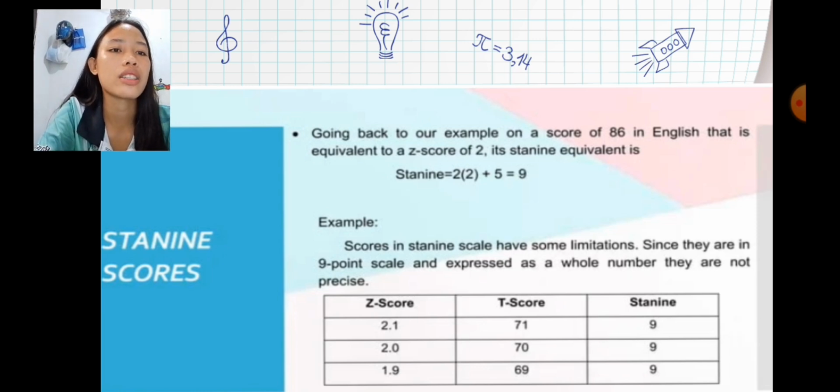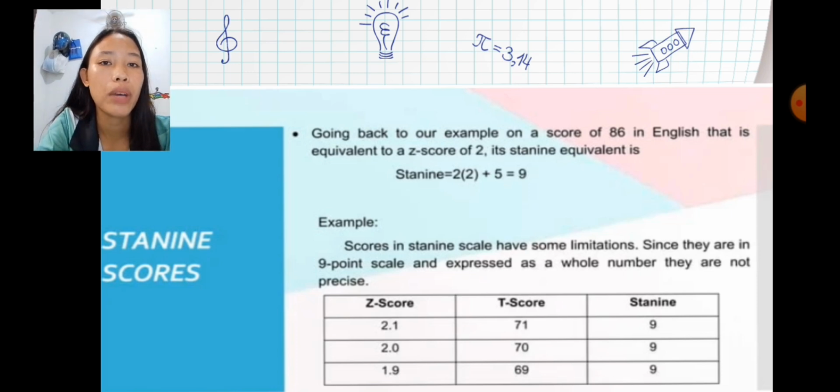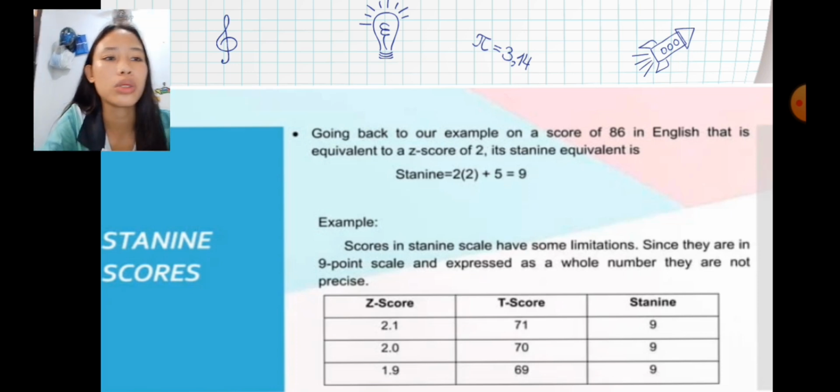So how come it is equal to 9? 2 multiplied by 2 is equal to 4, add 5 is equal to 9.